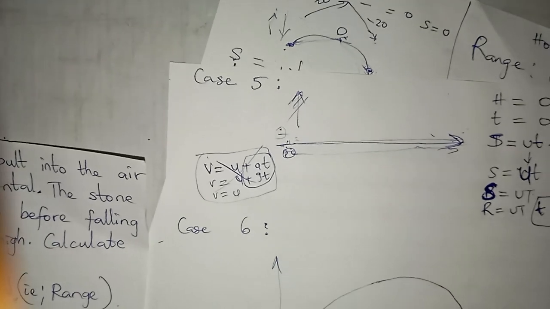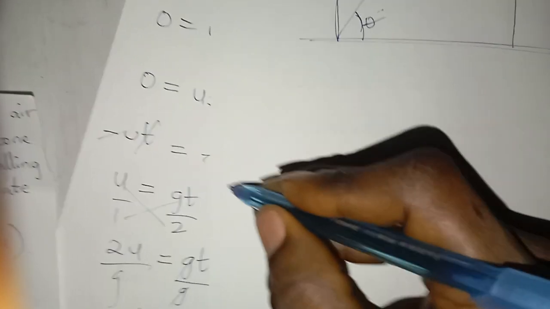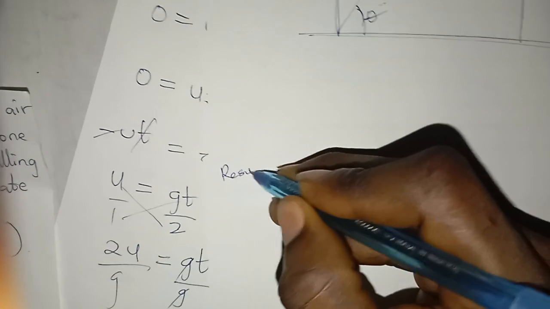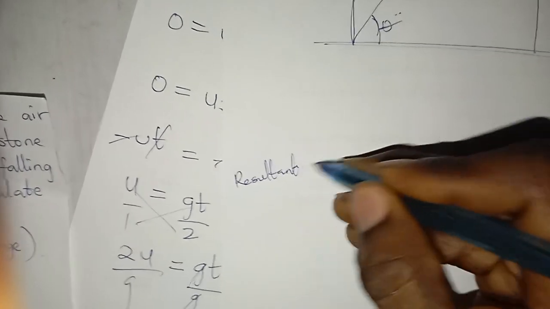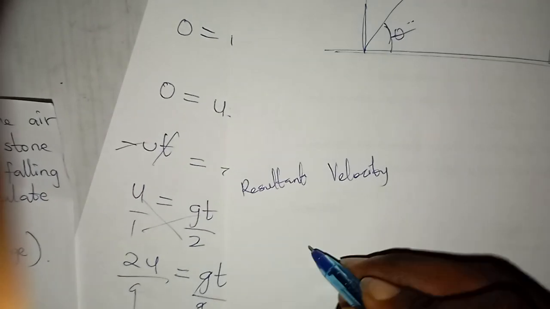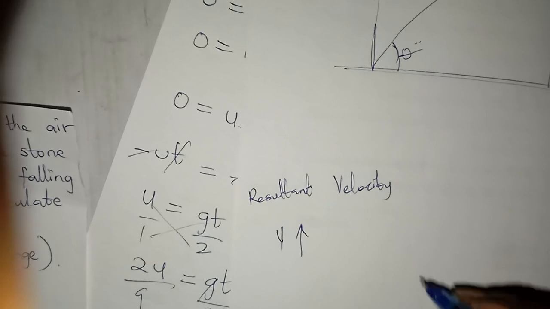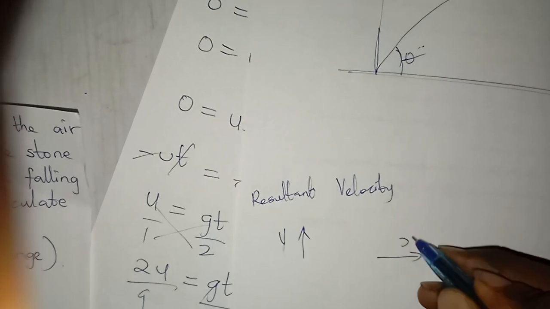So if I know that, I need to quickly touch this. If at a point they tell me to find the resultant velocity of any projectile, especially case 1 or case 2, all I need to do is to first find the velocity on the y-axis, then find the velocity on the x-axis.